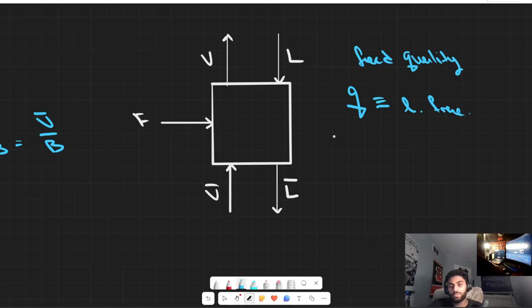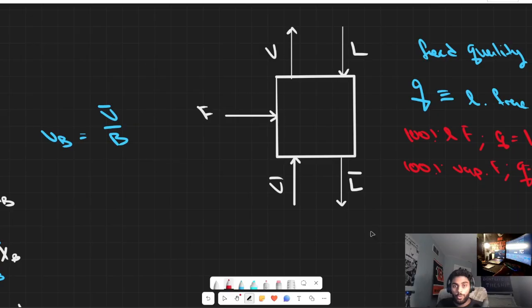Which is to say that if our feed was 100% liquid, then our Q would equal 1. And vice versa, if we have a 100% vapor feed, Q would equal 0. If we had a 50-50, it would be 0.5.